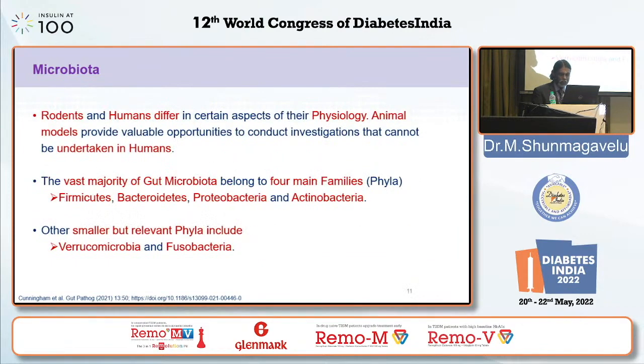Rodents and humans differ in certain aspects of physiology, but animal models provide valuable opportunities to conduct investigations. The vast majority of gut microbiota belong to four main phyla, namely Firmicutes, Bacteroidetes, Proteobacteria, and Actinobacteria, and of course we have smaller but relevant phyla.